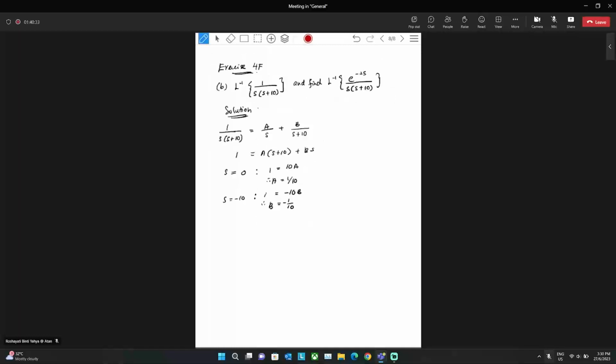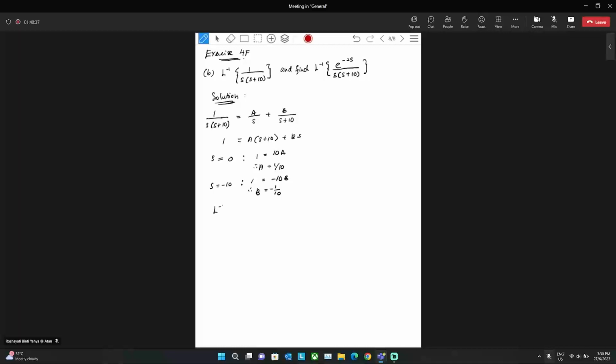So inverse Laplace of 1 over S plus 10 equal to 1 over 10 inverse Laplace of 1 over S minus 1 over S plus 10.